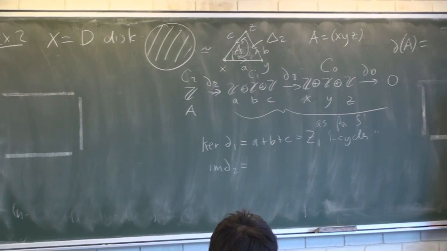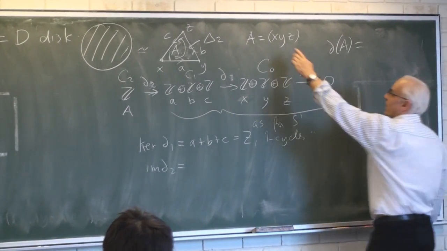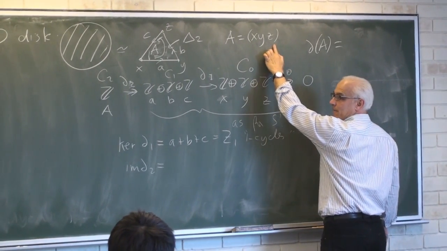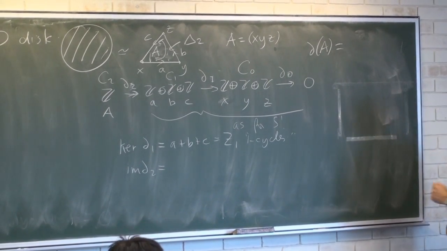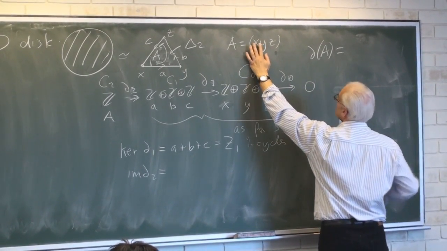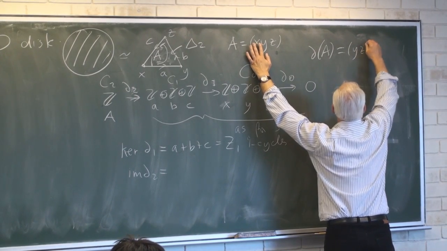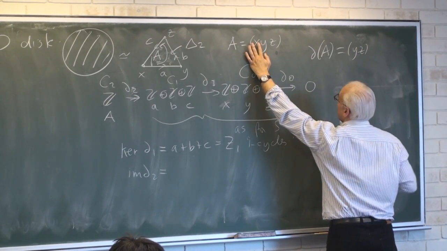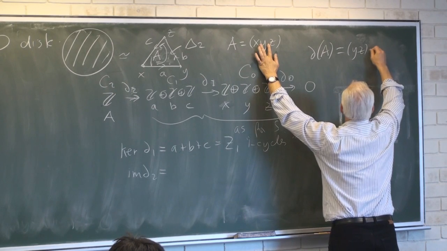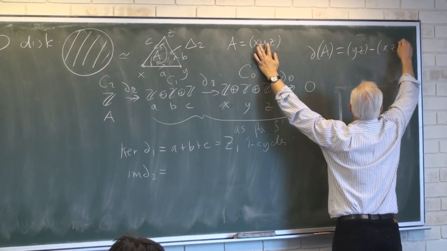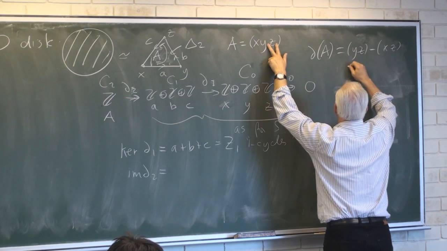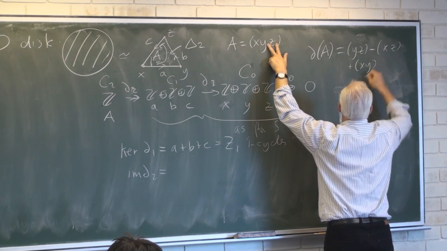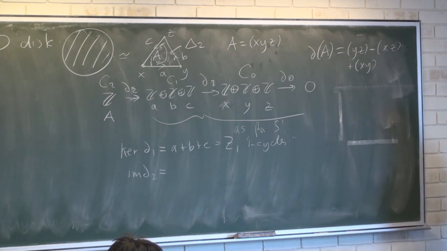Well, A is a 2-cell, and it's given by x, y, z. And the way that the boundary operator works, I remind you, is we remove the first entry and write down what we have left, y, z. And then we remove the second entry with a minus sign and write down what's left. And then remove the next one with a plus sign. So it's yz minus xz plus xy, that combination.